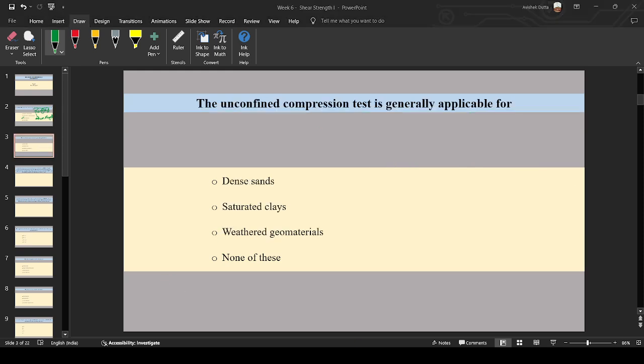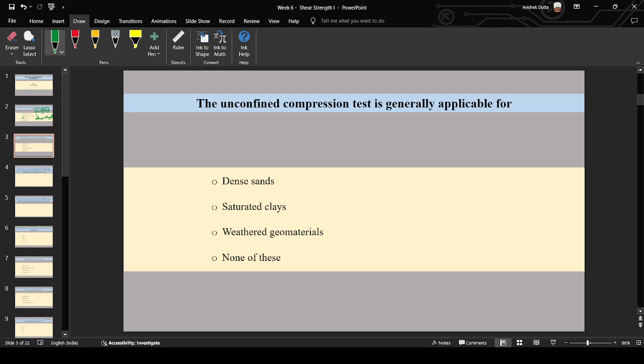The unconfined compression test is generally applicable for? The answer is saturated clays. Why saturated clays? Because in the unconfined compression test, as we know, the equation for the minor principal stress is absent because it is unconfined. It is also called uniaxial.